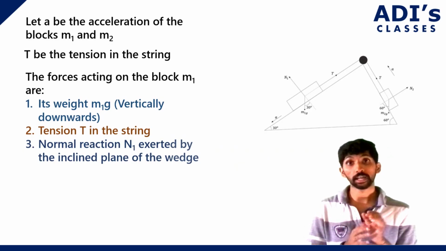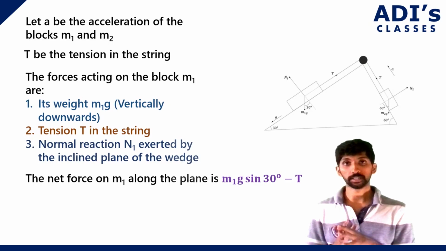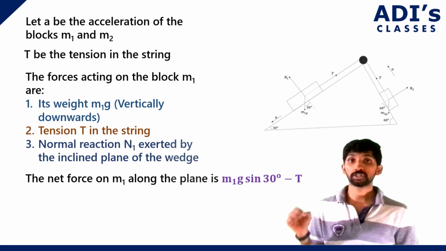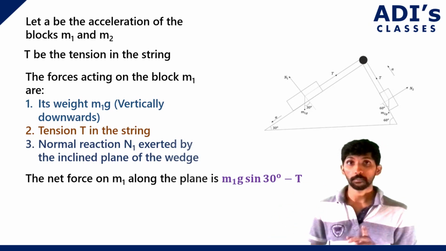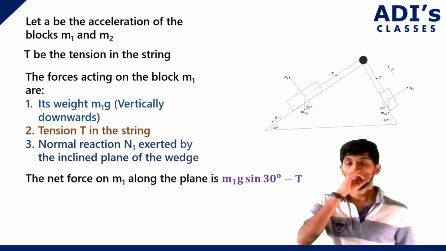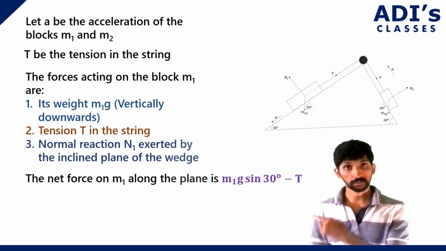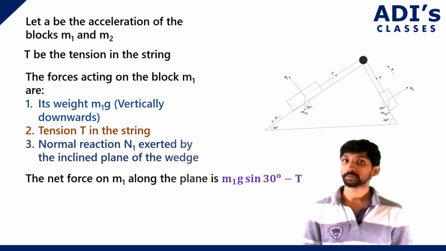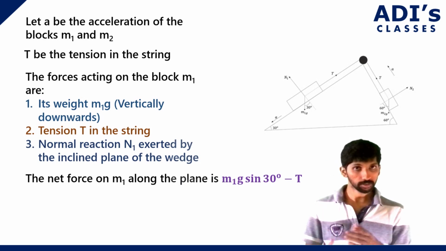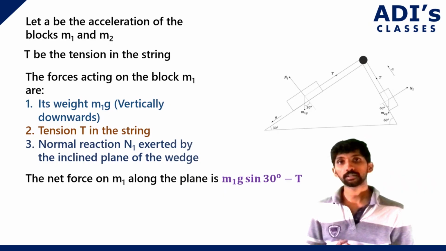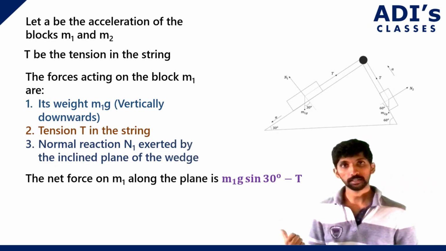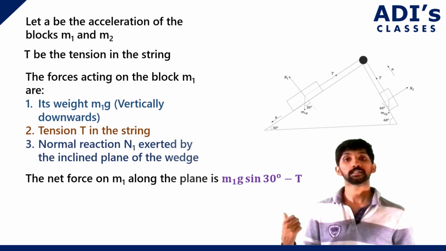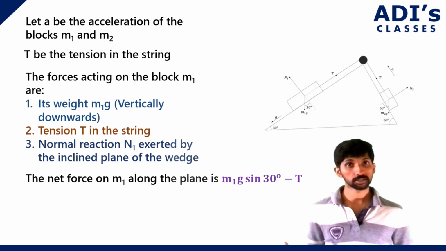The net force on m1 along the plane will become m1g sine 30 minus T. Look at the figure: we have to resolve the weight into components. You get m1g sine 30 along the plane, and then m1g sine 30 minus T, because the tension is in the opposite direction.